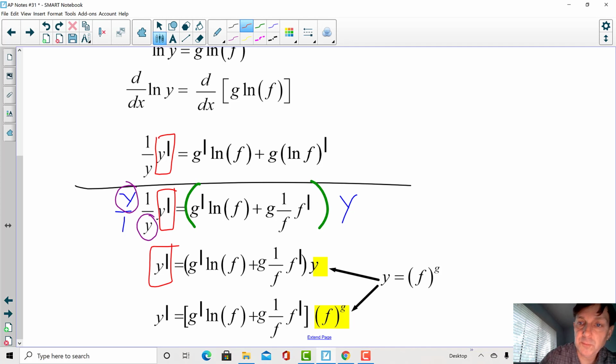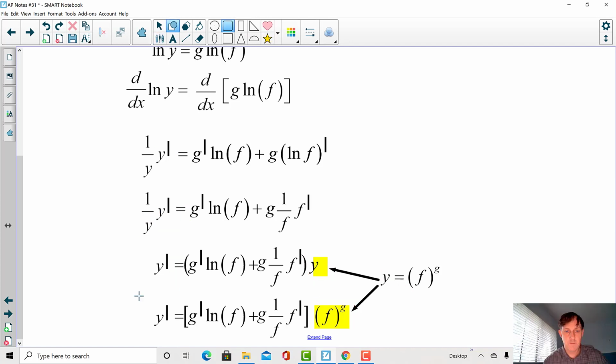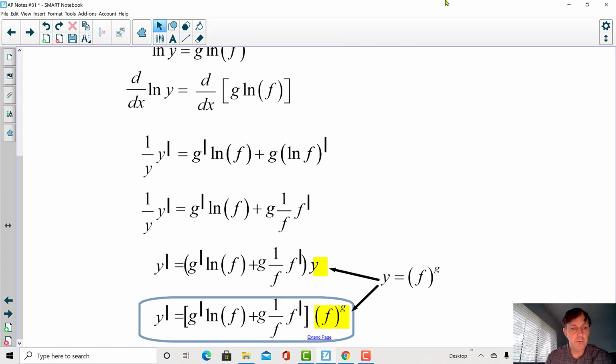But remember, in our original problem, we were trying to find the derivative of f to the power of g. So it doesn't make any sense to have y's in our answer. So don't forget to trade our y for what it was in the beginning. It was f to the power of g. So we'll do that substitution right here, and then we're done. Final answer is in that blue box right there.